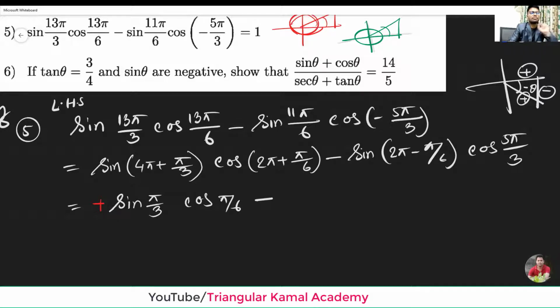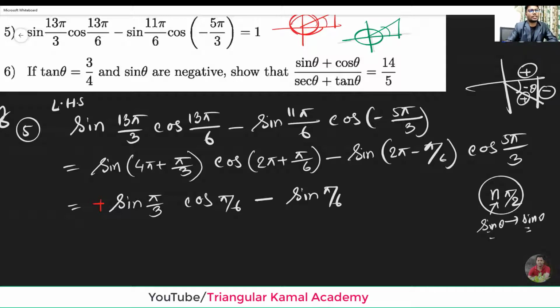That means for any integer number times pi, there is no change of the trigonometric ratio. Sin theta remains sin theta, cos theta remains cos theta, tan theta remains tan theta. But when it is n times pi by 2 and n is an odd number, it changes, but not in an even number. So here sin, no change, pi by 6.